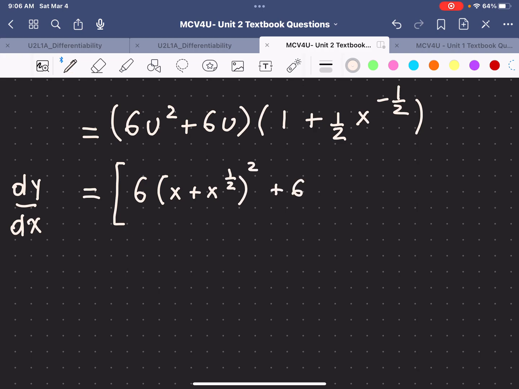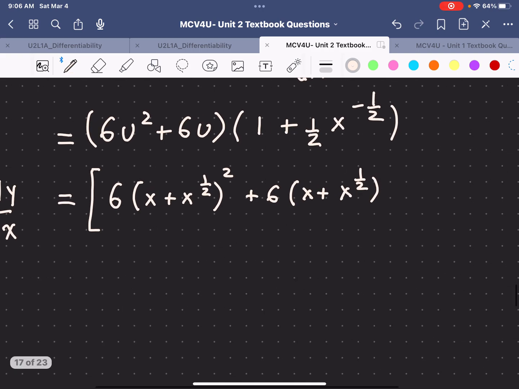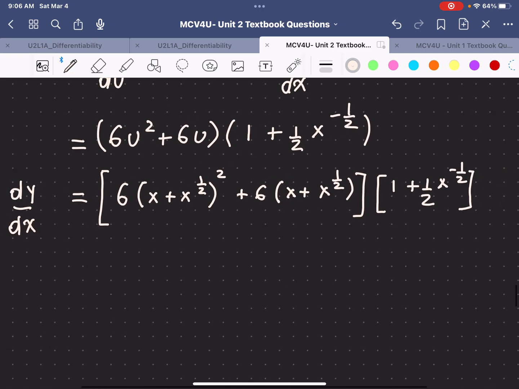And then plus 6, x plus x to the power of 1 over 2. Close the brackets. And then we have 1 plus 1 over 2, x to the power of negative 1 over 2. So now we have the derivative in terms of x. And obviously it's in unsimplified form, so you can take out 6 if you wish.